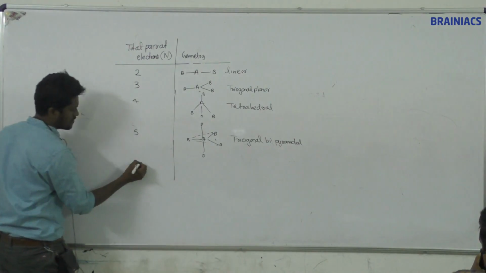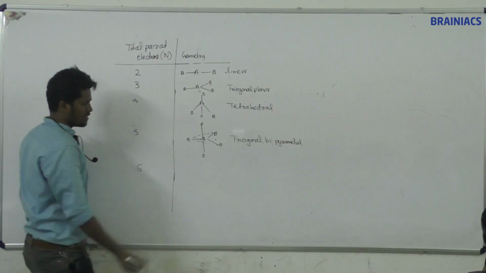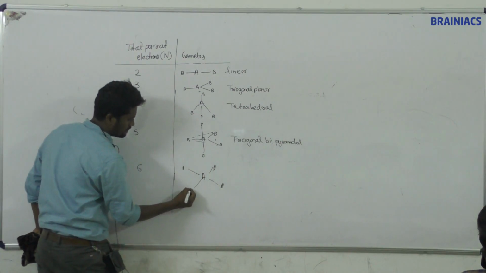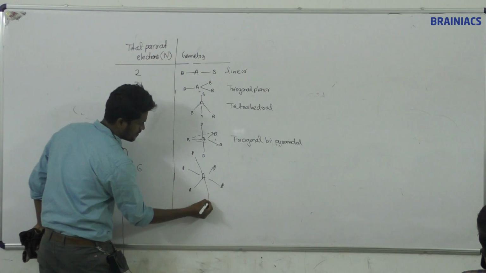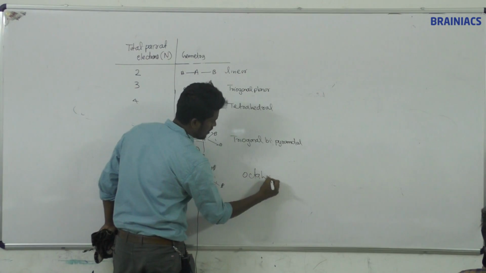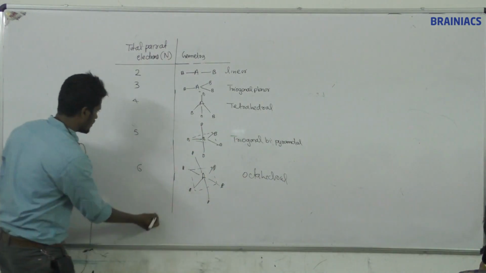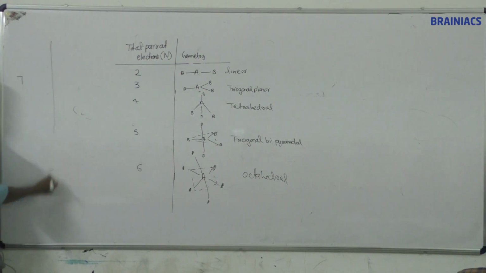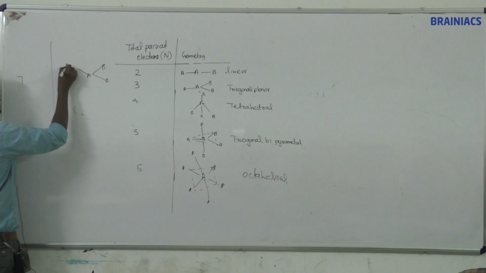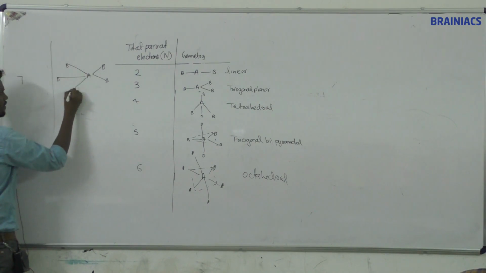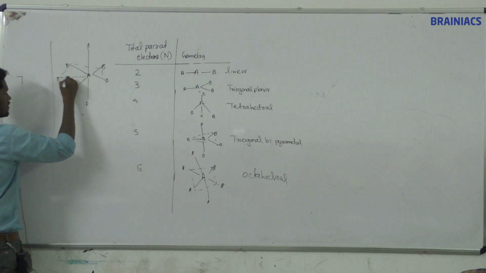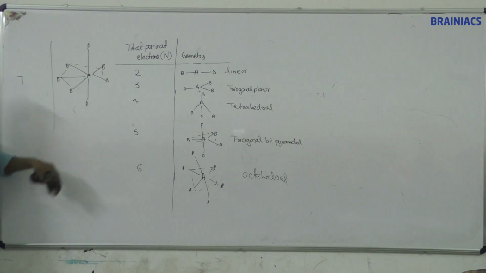Okay, if it is 6, total pair of electrons 6, so it is A, B, B, B, B, B, and B. So what will be the structure? Octahedral. Okay. If it is 7, so it is A, B, B, B, B. Pentagonal bipyramid.